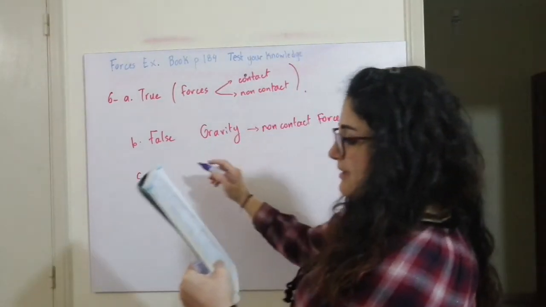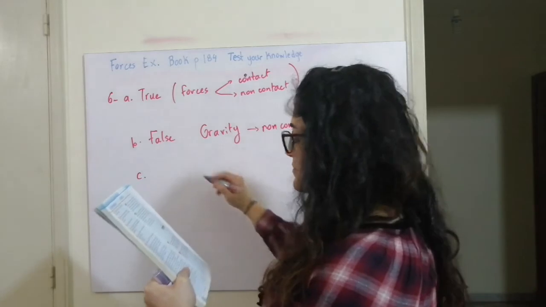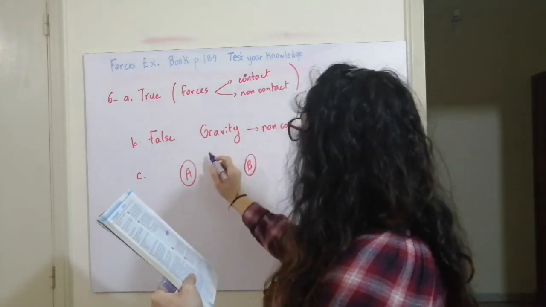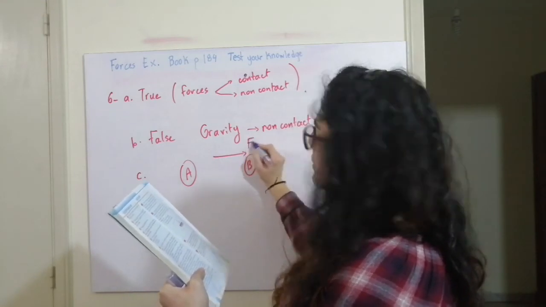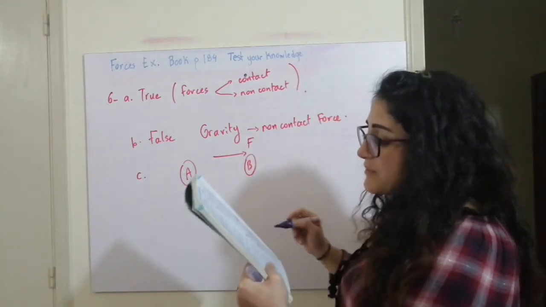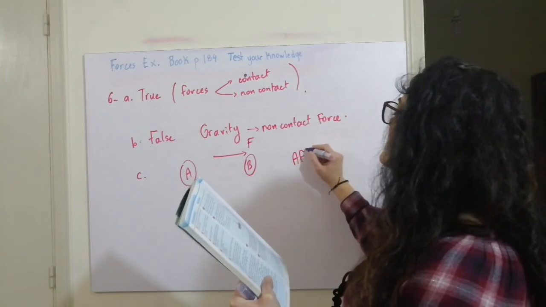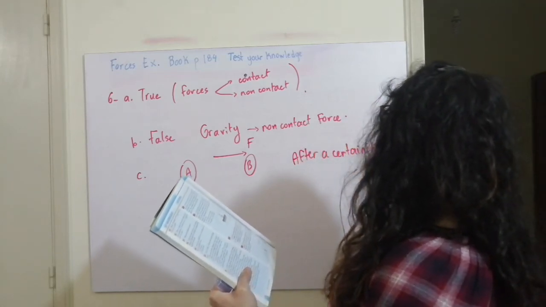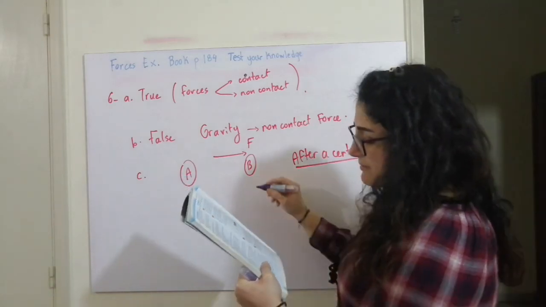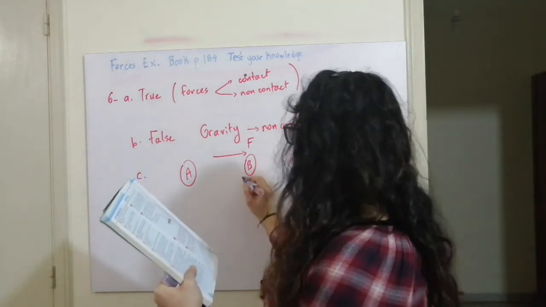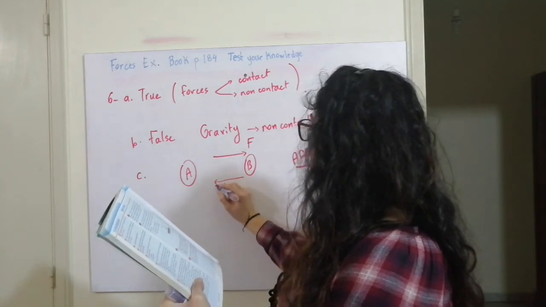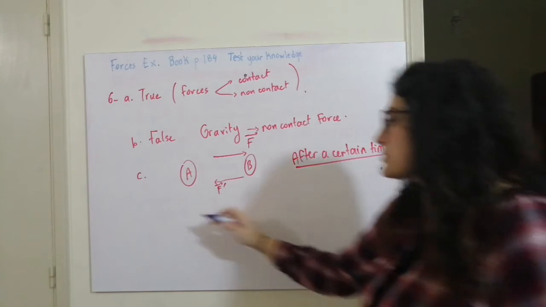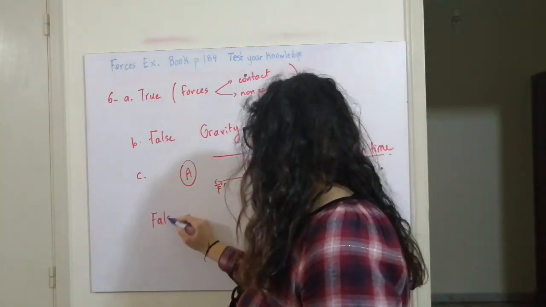If object A exerts a force F on object B, so I have A and I have B. A is exerting F over B. After a certain time, pay attention to this, after a certain time, object B exerts a force F prime on A. This is false for two reasons.